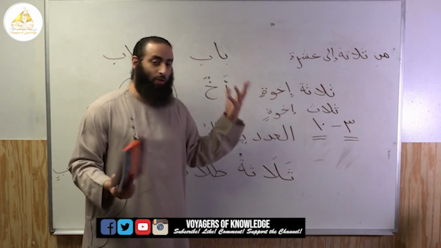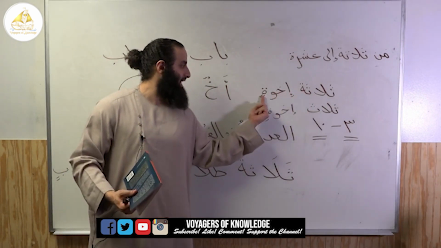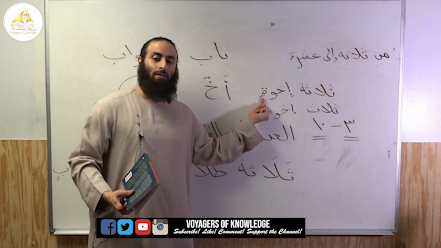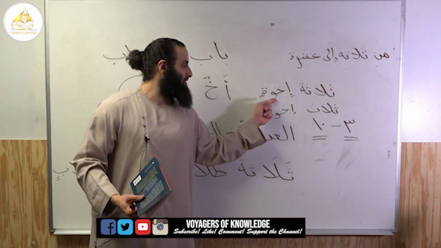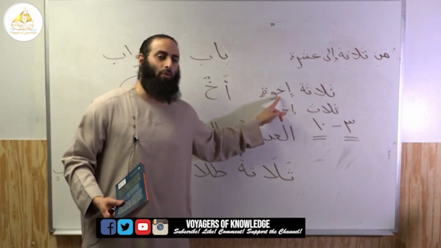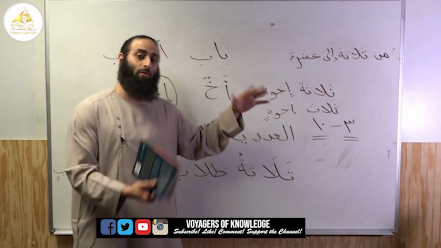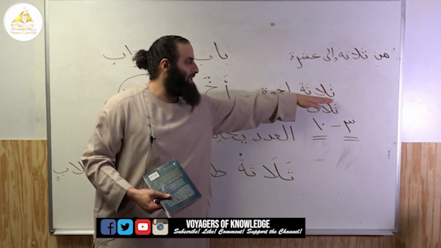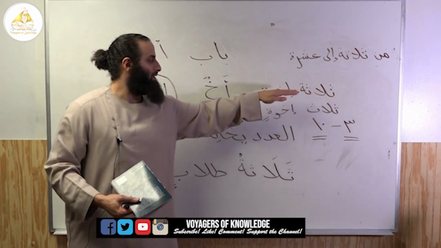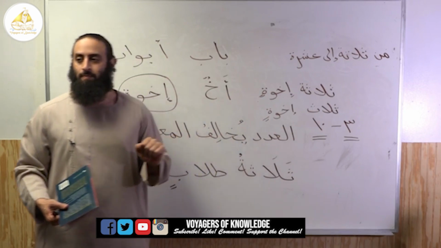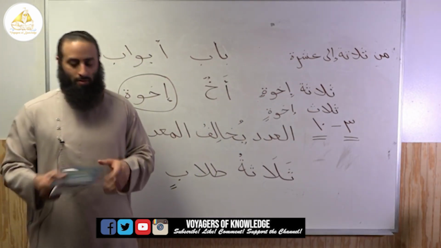Why? When we just said, these two look like mu'annath, right? Don't they both look like mu'annath, the way the ta is? But because the origin of this word really is akhun, we're going to treat it like a mudhakkar, even though it has this. Therefore, we need this number to be the opposite of what it's counting. طيب? All right.